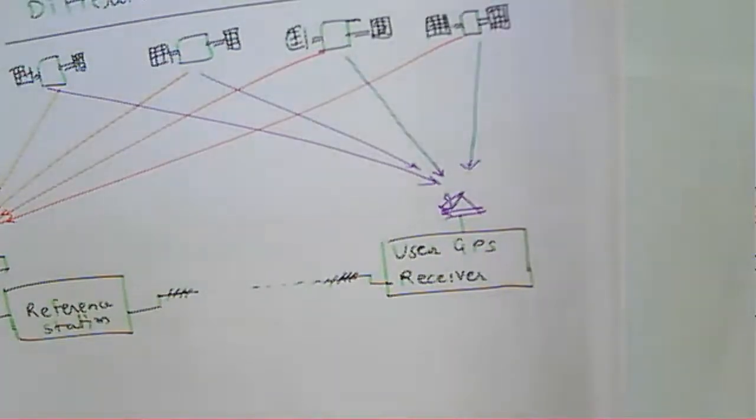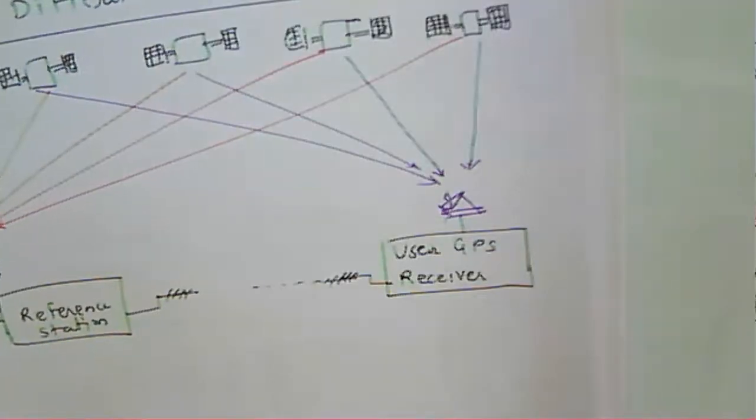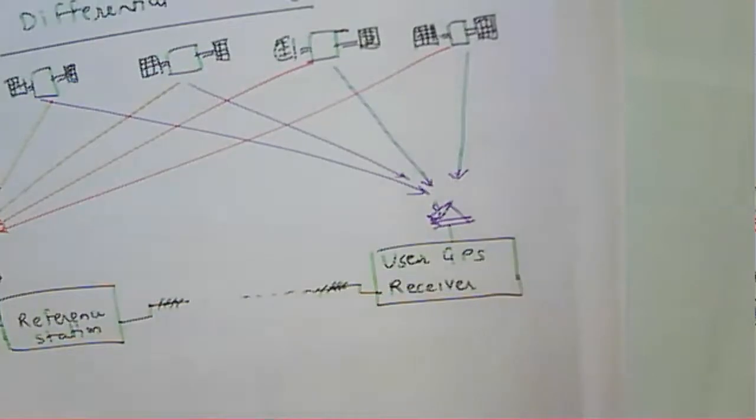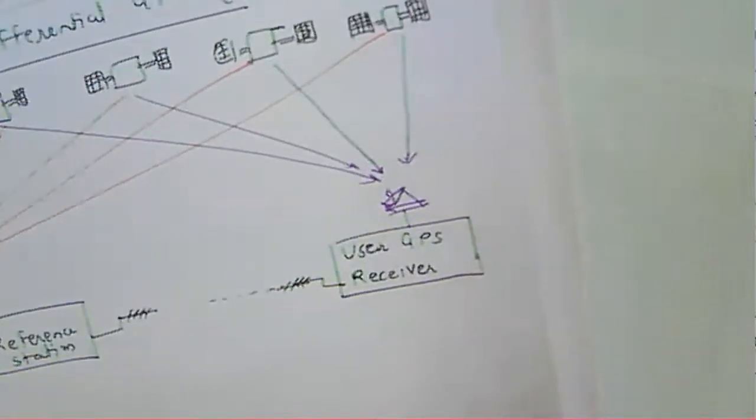Now, what are the various applications of GPS? Because a GPS receiver receives the information from the satellite, according to that we can find out the position and the time, and we can use that information for tracking devices.